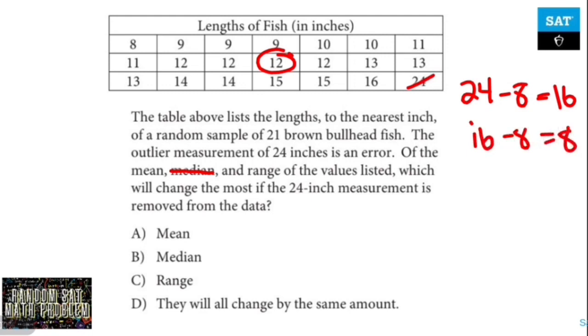So my range is absolutely going to be the thing that changes the most. When you have an outlier, the median should not change much. The mean will change, but an outlier changes the range the most in pretty much any circumstance, hands down.